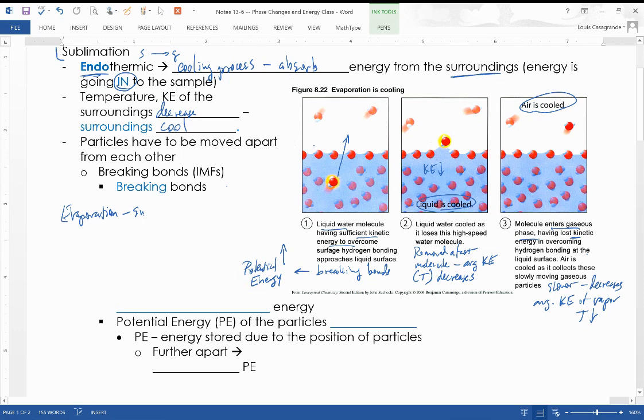Now, evaporation happens when you sweat. The reason you sweat is the water, the sweat, evaporates and it absorbs energy. And where it absorbs the energy from is from you.